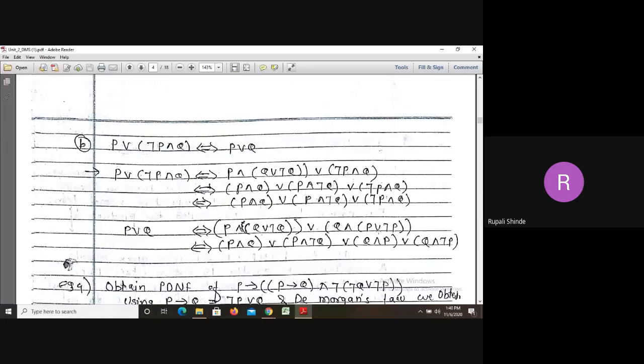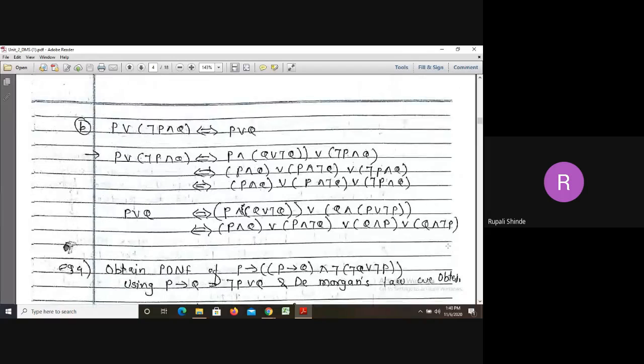So here we have added P for symbol Q. So again we have to apply the distributive law: (P and Q), this is the first bracket, or (P and negation Q), or (Q and P), or (Q and negation P).